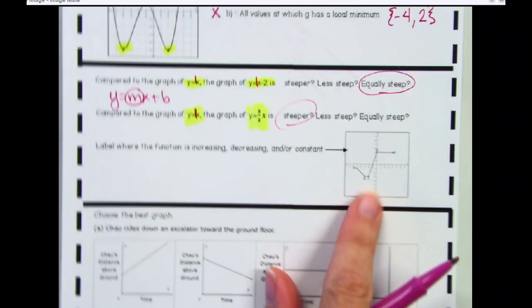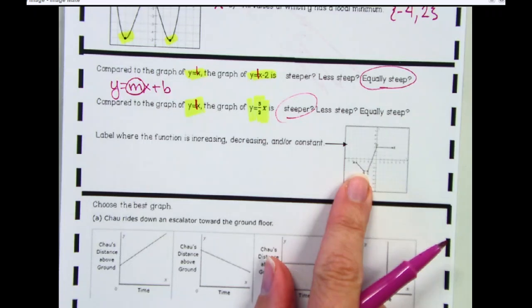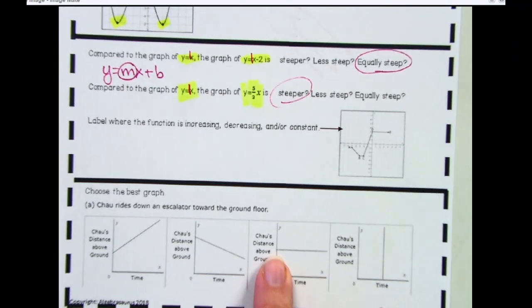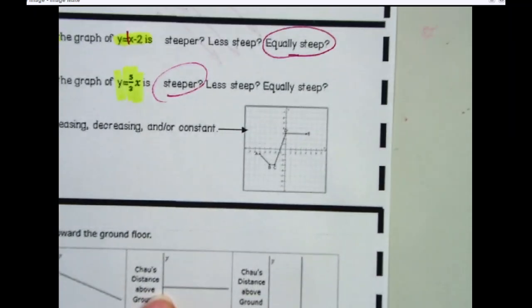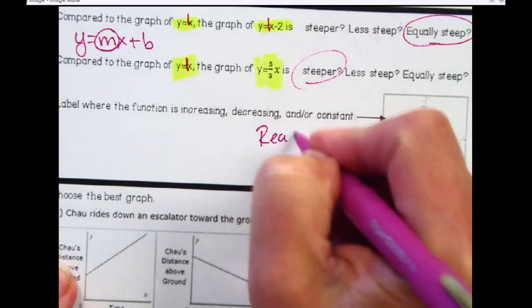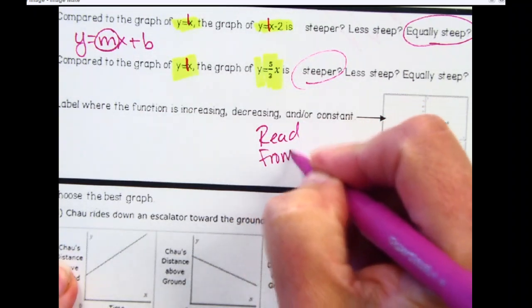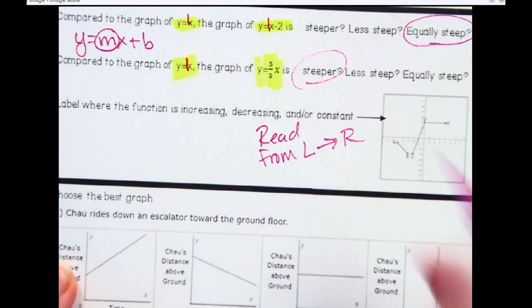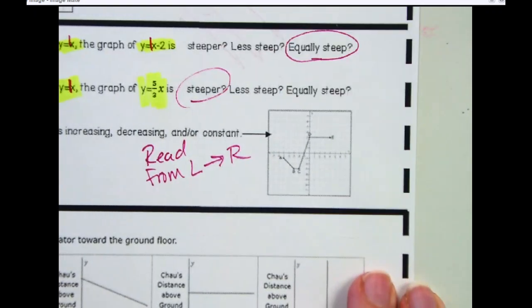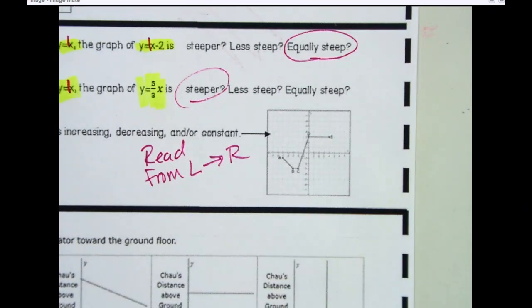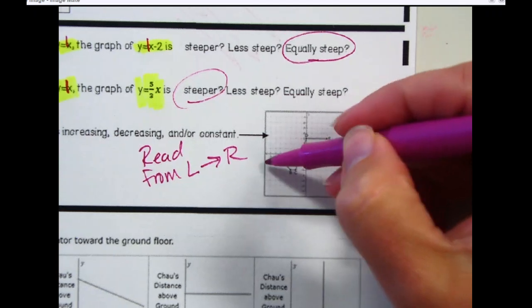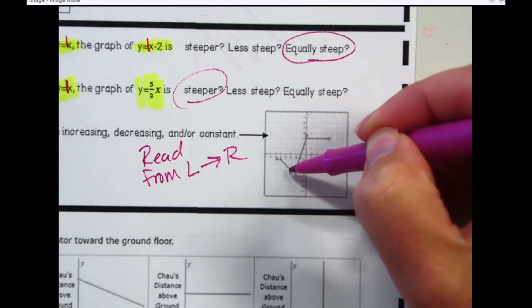Okay, now we're going to label if it's increasing, decreasing, or constant. I'm going to zoom in here. We read from left to right. So if I start right here, look at this little piece right here.